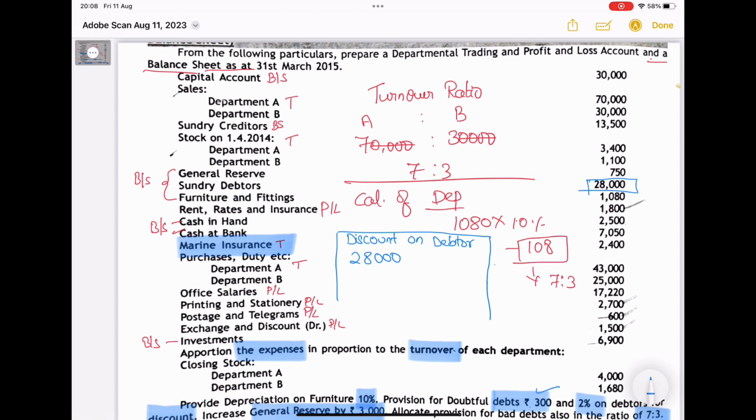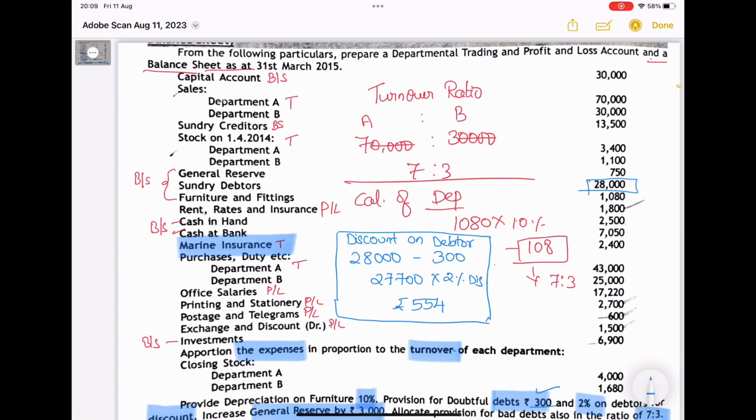So less bad debts 300. The things which are related to debtors we are going to deduct. So we are going to get 27,700. For this value I am going to calculate 2% discount. If we calculate, we are going to get 554 rupees. This is the calculation of discount.